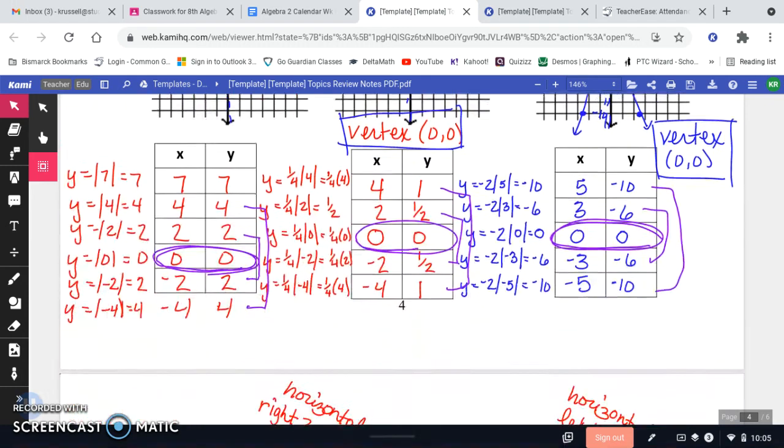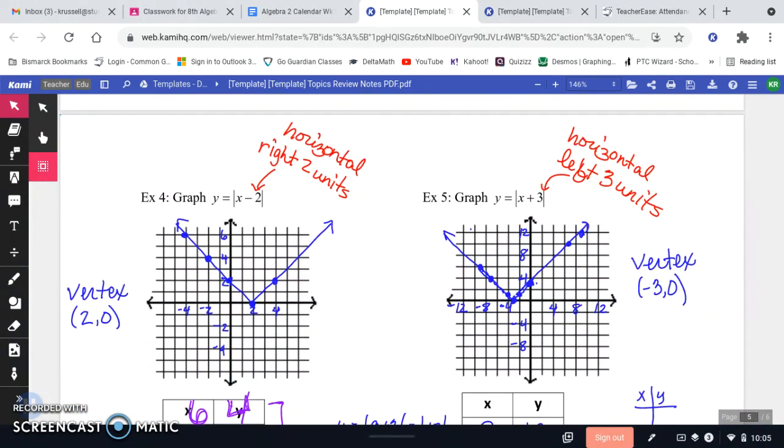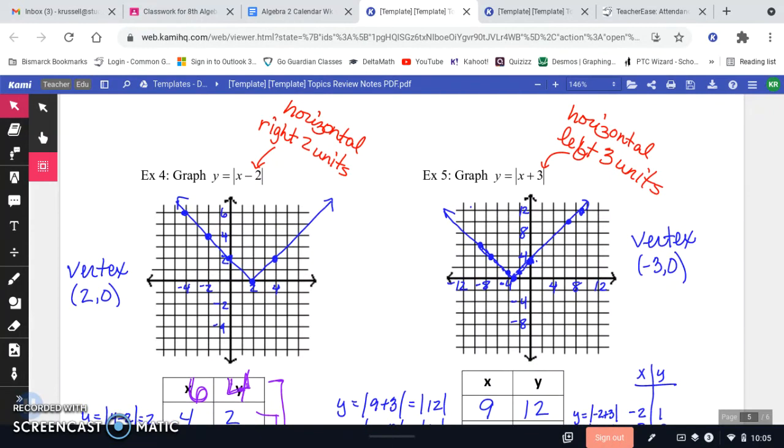Then we looked at what happens if you add or subtract a number inside of the absolute value bars, and that is going to shift you horizontally, either to the right or to the left. A -2 is going to go to the right, +3 is going to move to the left.